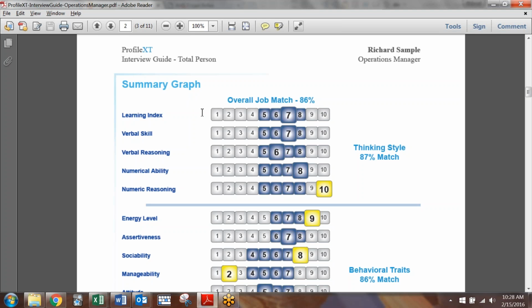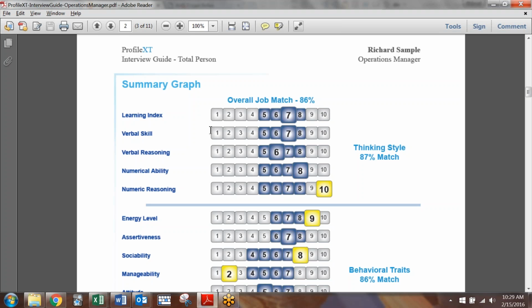On numerical ability, this individual has a very high score, and so they pick up on numerical concepts very quickly. This person is basically a human calculator, if you will. They can run numbers in their head very easily and pick up on things very quickly.